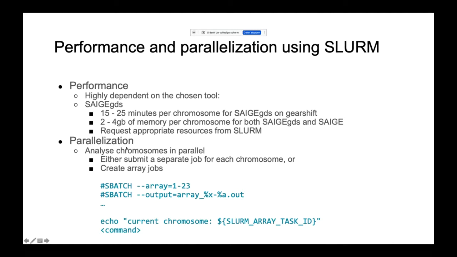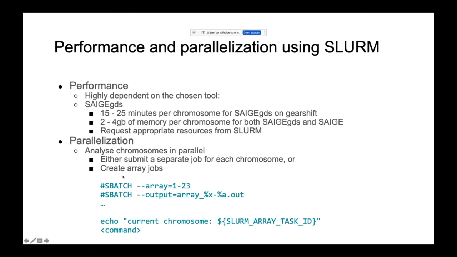Chromosomes offer a great way for parallelization, since you're able to assess every chromosome separately. One way to parallelize using SLURM is to submit a separate job for each chromosome. However, a less naive way would be to use the array job functionality that's present in SLURM.